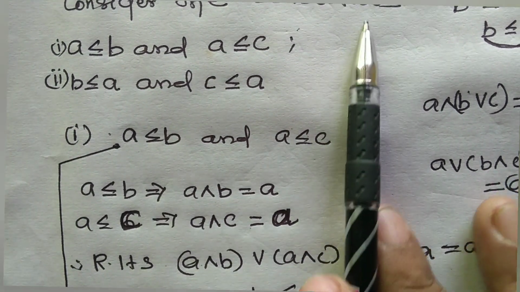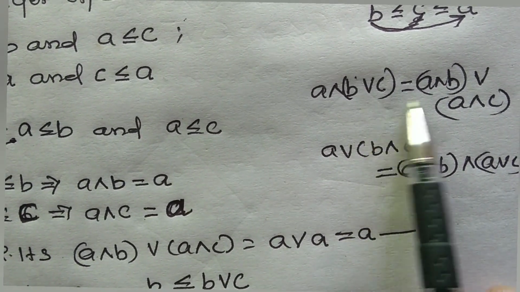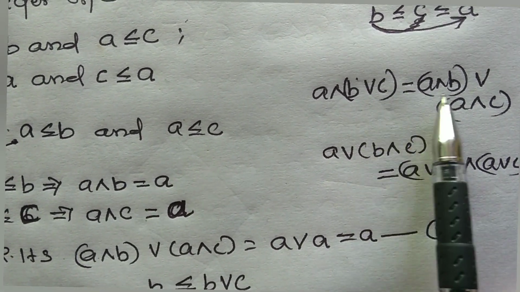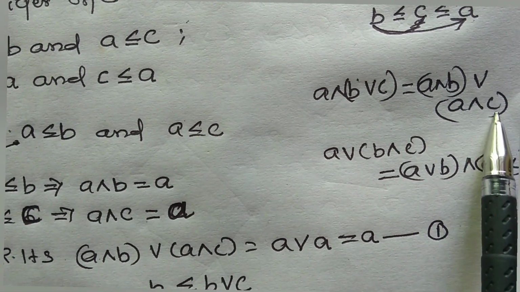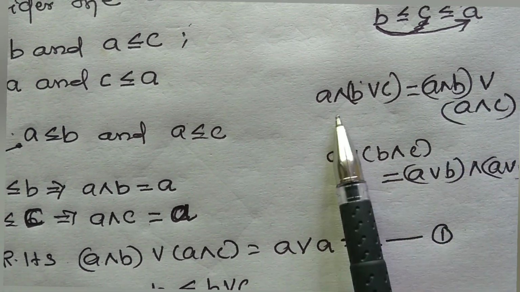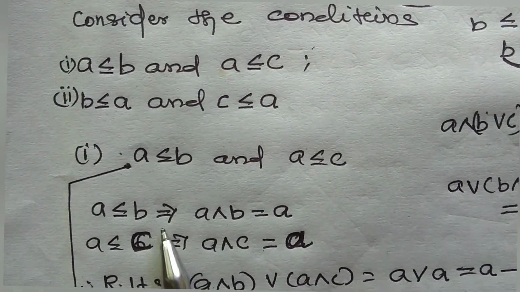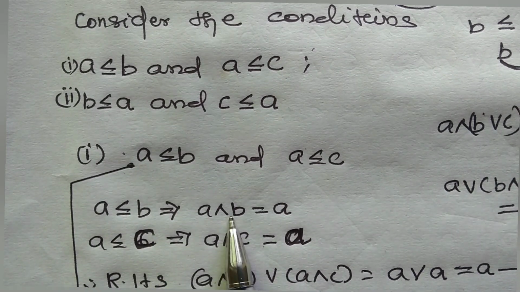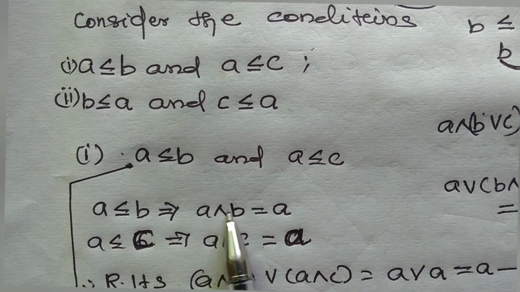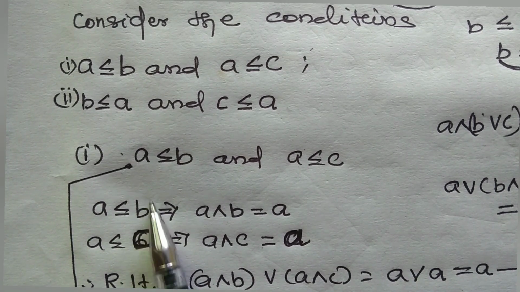First you take this equation, that is a ∧ (b ∨ c) is equal to (a ∧ b) ∨ (a ∧ c). So we calculate the RHS of this equation. So that is a ∧ b. A ≤ b means ∨ is the maximum value, so the maximum value of a and b is the biggest one.